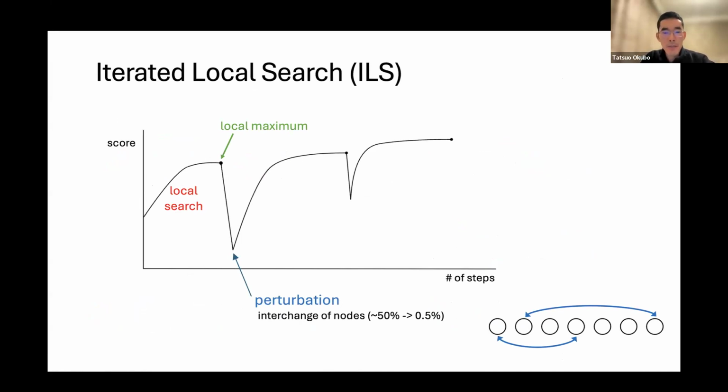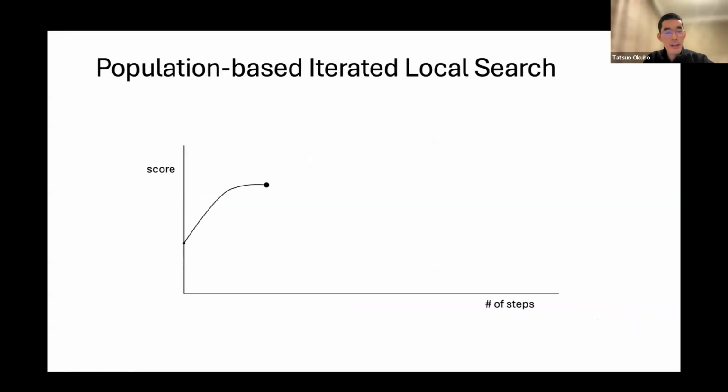But roughly speaking, at the beginning, we employed a fairly large perturbation of roughly 50%. But towards the end, we used a fairly small perturbation of 0.5% or so. So we basically kept on doing this. And we added a little bit of twist to this iterated local search. We used a population-based iterated local search.